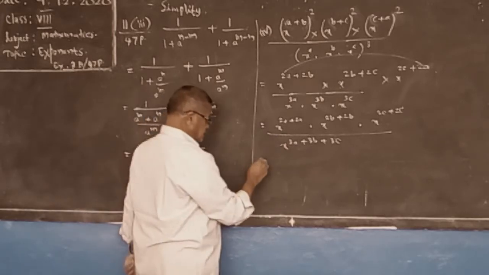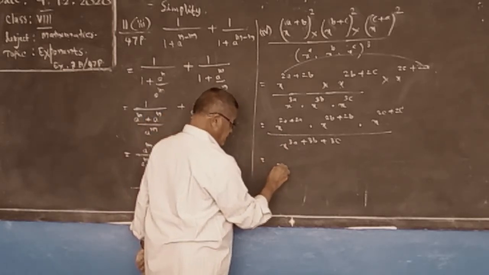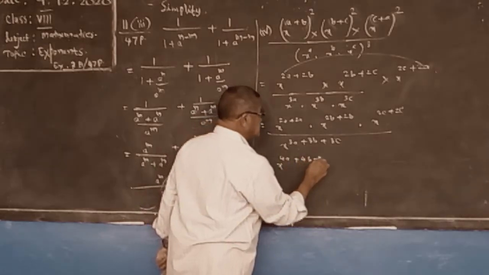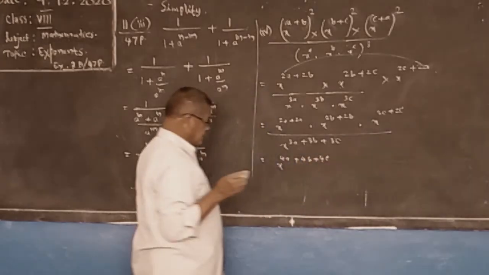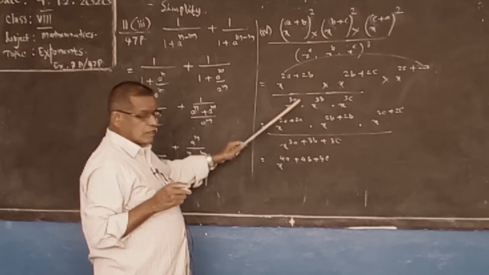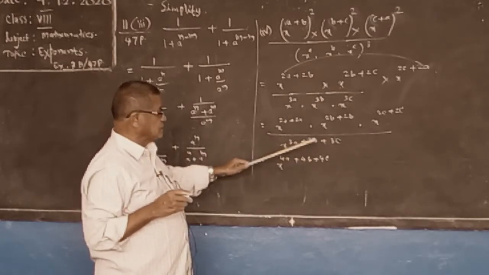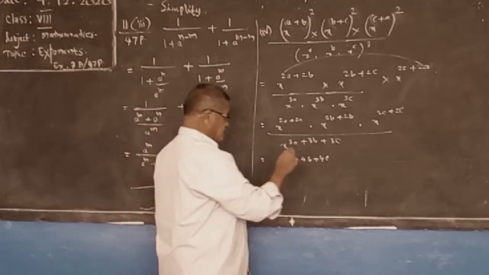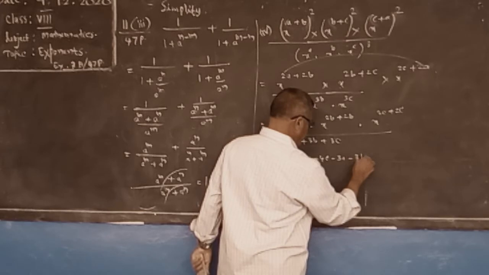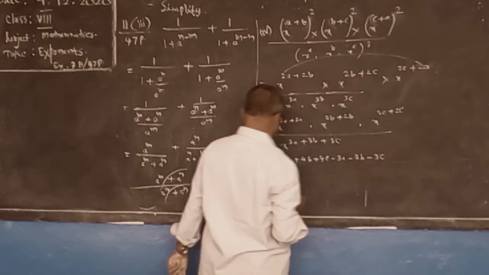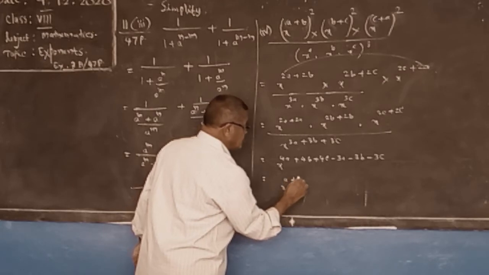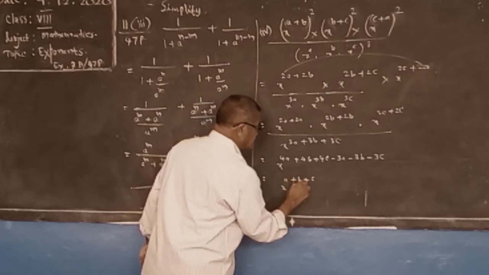Now this is x power 4a plus 4b plus 4c, and this minus in quotient law. According to quotient law, powers will be subtracted. So minus 3a minus 3b minus 3c. Now x power a plus b plus c is the answer.